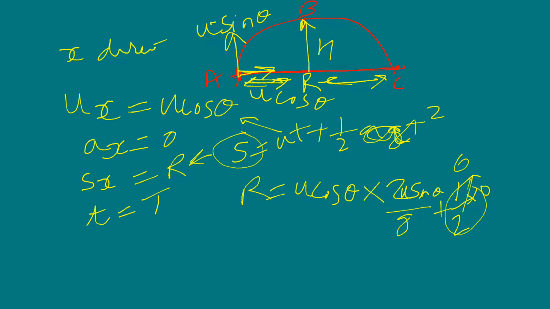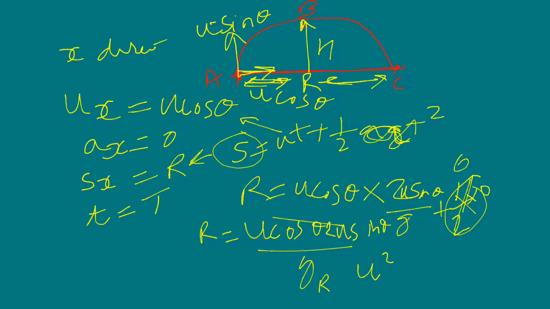So now r equals u cos theta into 2u sin theta upon g. These two u's we write as u square, so r equals u square 2 sin theta cos theta upon g.